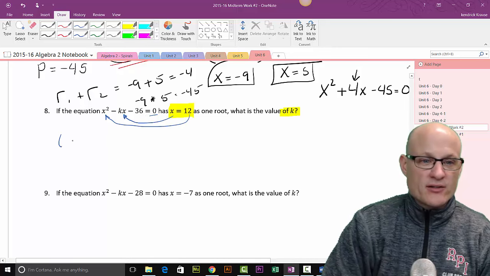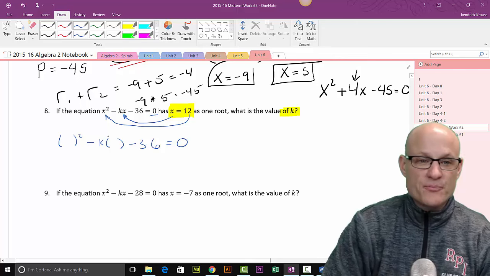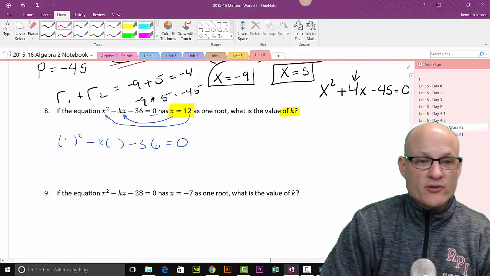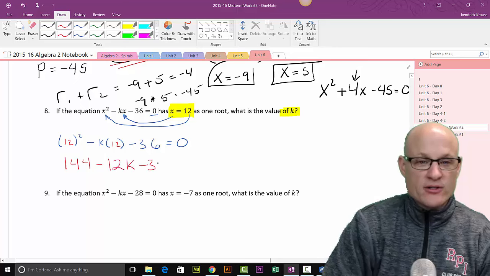So everywhere I see an x, I'm going to put parentheses, minus k times parentheses minus 36, and I need that to equal 0. In those parentheses is going to go 12, 12, and 12. So this is 144 minus 12k minus 36 equals 0.